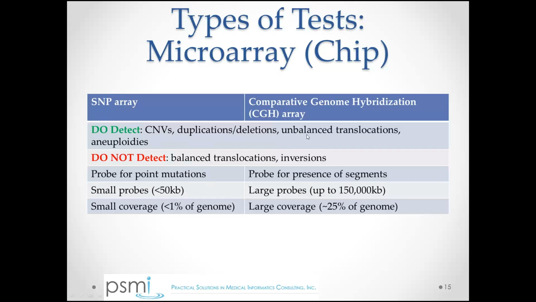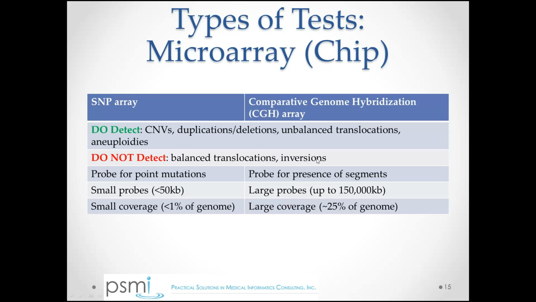And as a result, both techniques are complementary, and both techniques can be used to determine copy number variants, duplications, deletions, unbalanced translocations, and aneuploidies, but they're not suited for balanced translocations and inversions because, as you can imagine, all of the genetic material is still there. When you cut up the DNA and apply it to these wells, if it's a balanced translocation, you're still going to see everything, and if it's an inversion, you're still going to see everything.